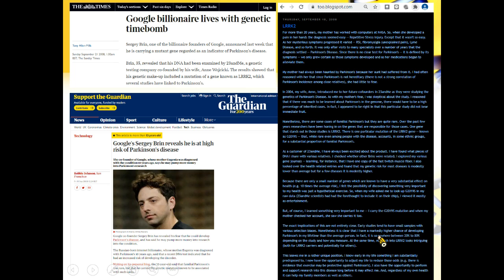Google co-founder Sergey Brin started a personal blog on September 18, 2008, and he went from describing his title choice to revealing some significant health news. He is at potentially high risk for contracting Parkinson's disease.